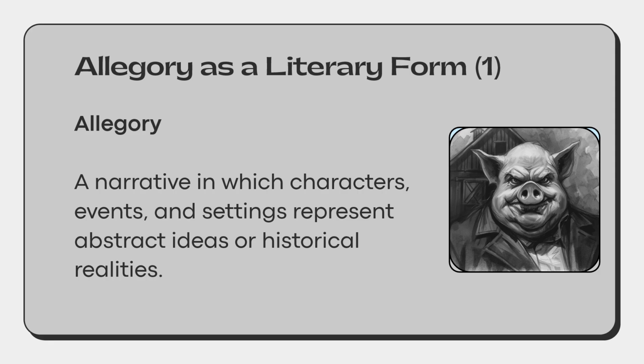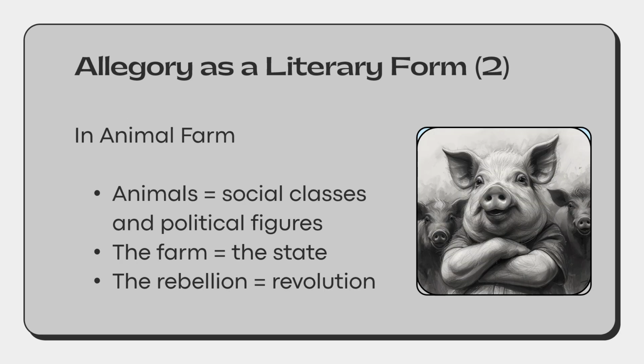An allegory is a literary form in which characters, events, and settings represent abstract ideas or historical realities. In Animal Farm, the animals represent social groups and political figures, while the farm represents a state or nation.